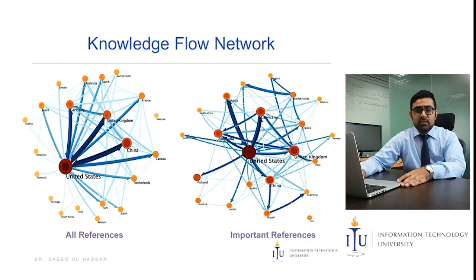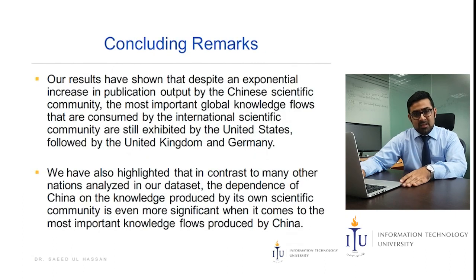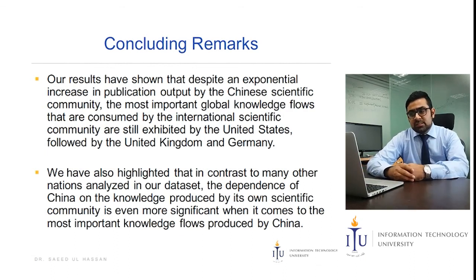So I would then put my concluding remarks, due to the shortage of time. I would say that our results have shown that despite an exponential increase in publication output by the Chinese scientific community, the most important global knowledge flows that are consumed by the international scientific community are still exhibited by the United States, followed by United Kingdom and Germany in our dataset.